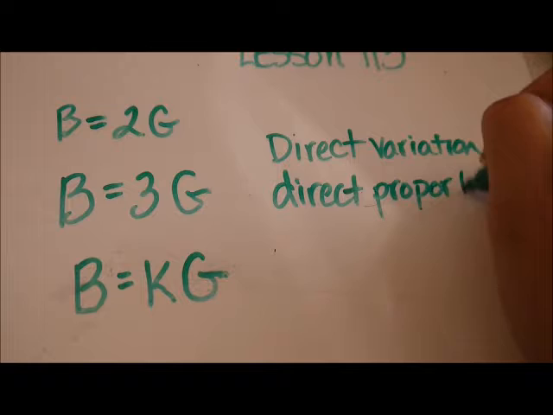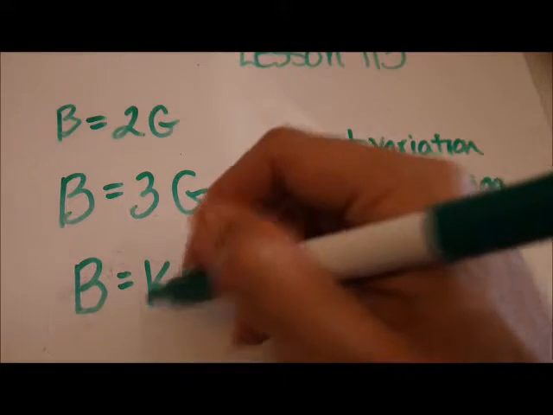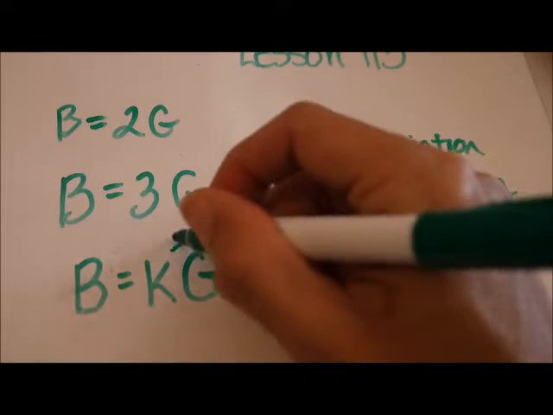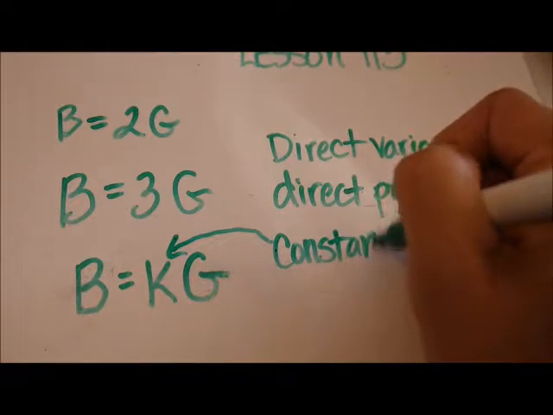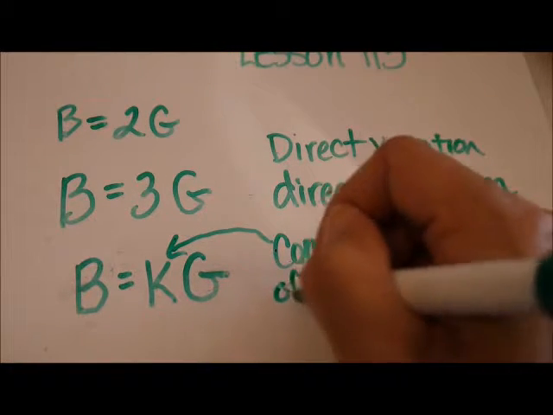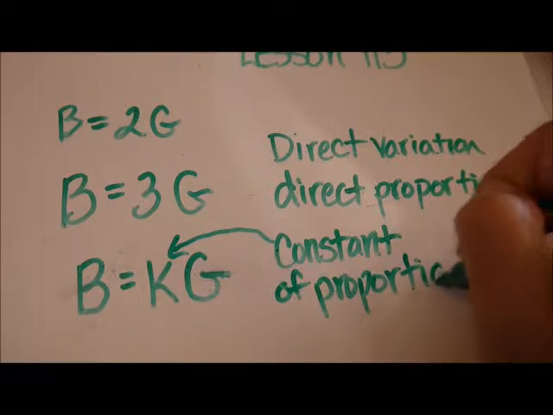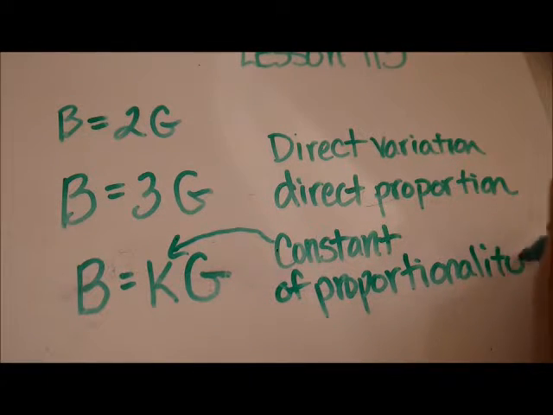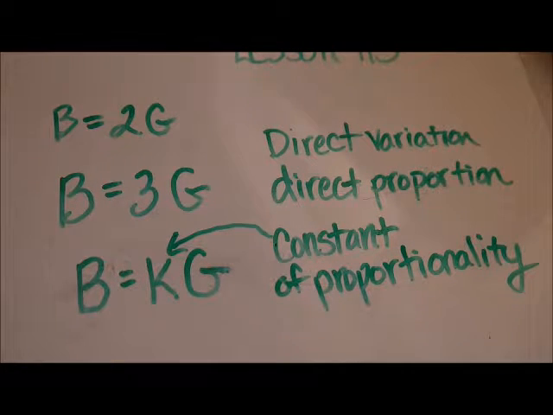These all are synonymous to each other, okay? And this is the constant of proportionality. Let's see if I can spell that. Lots of letters. Good job. All right. Yes, I just say good job to myself.